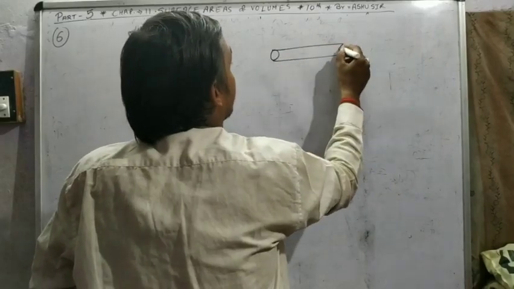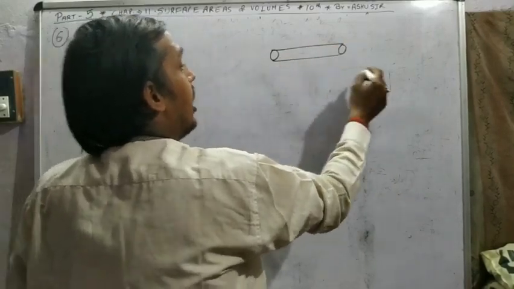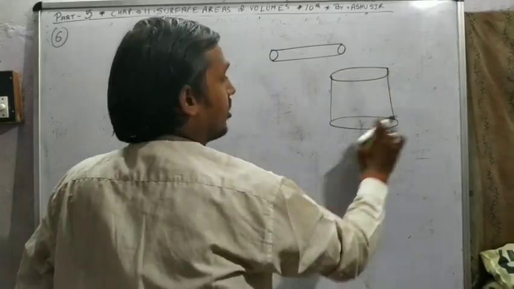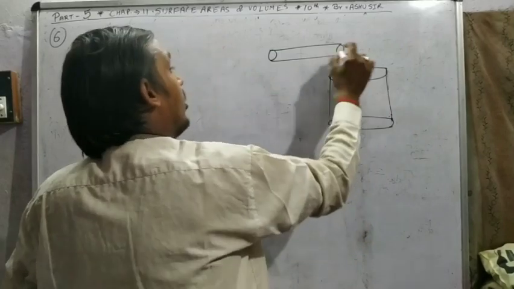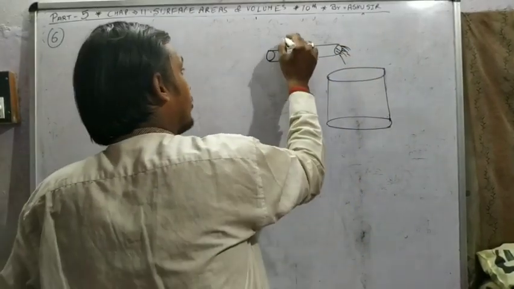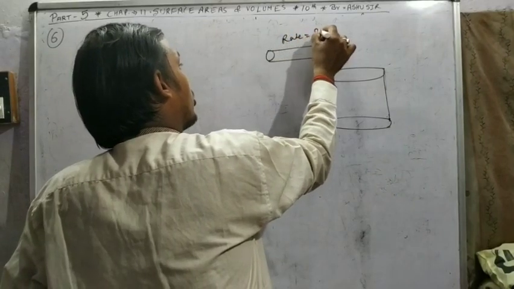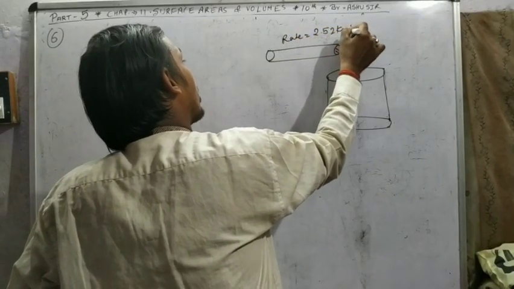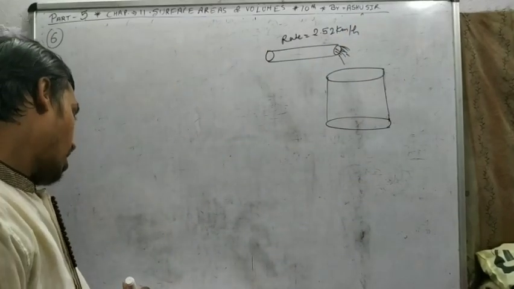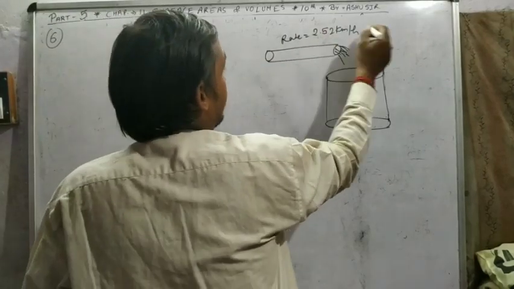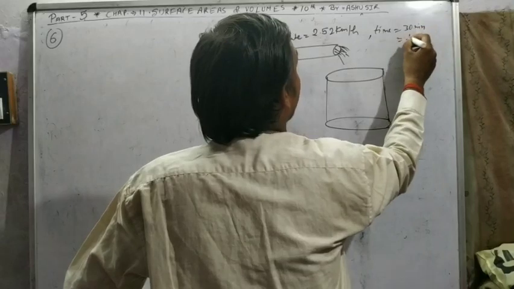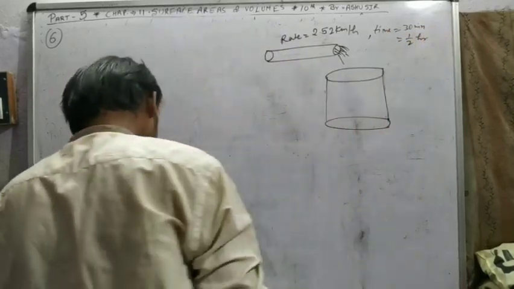This is a pipe and this is a cylindrical tank. Water is flowing here at a rate of 2.52 kilometer per hour in 30-minute time. 30 minutes means 1 by 2 hours.